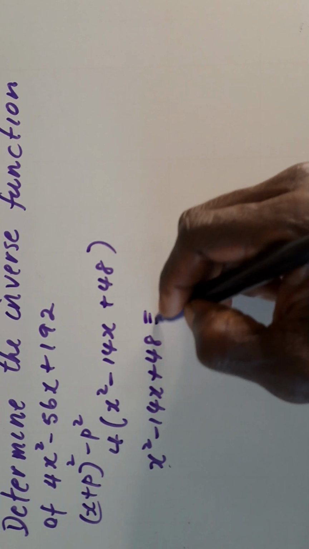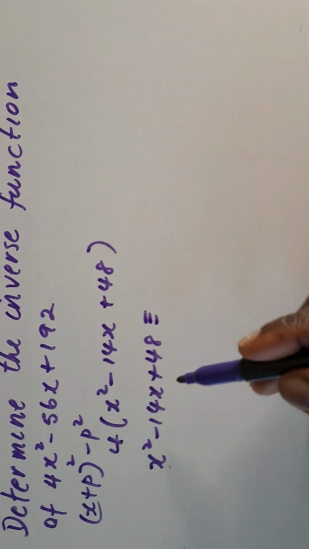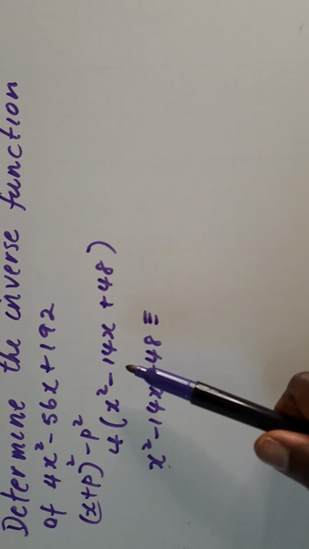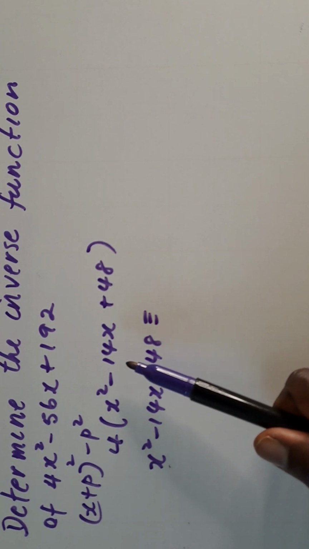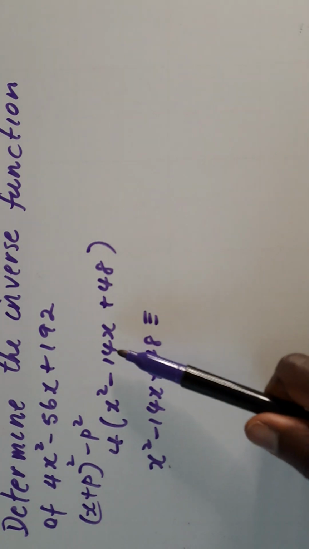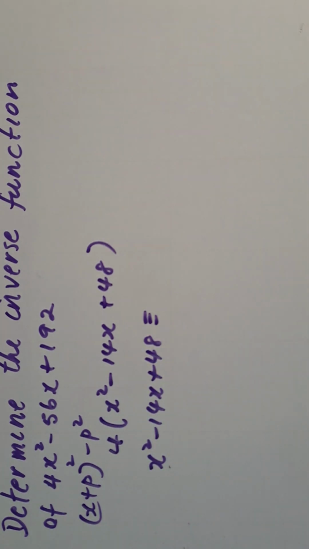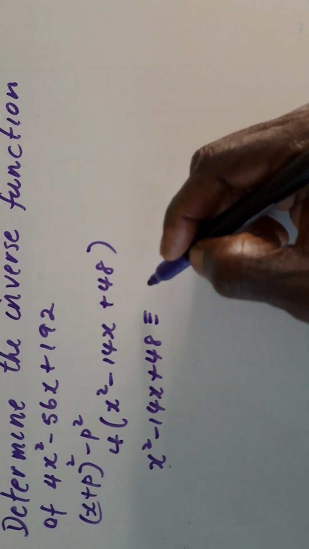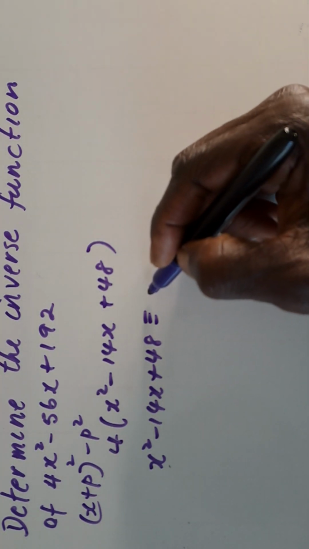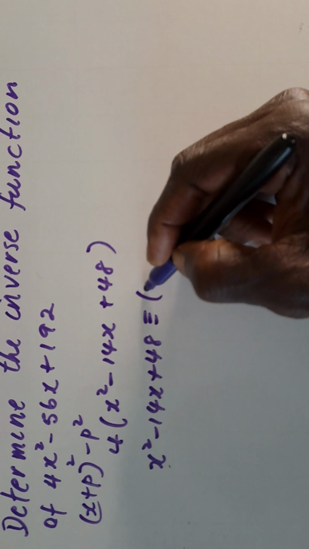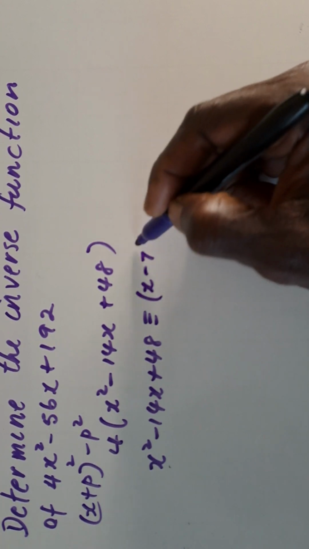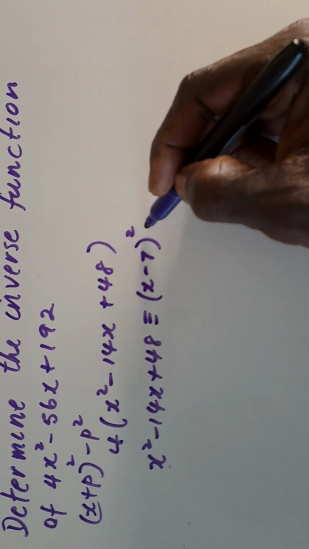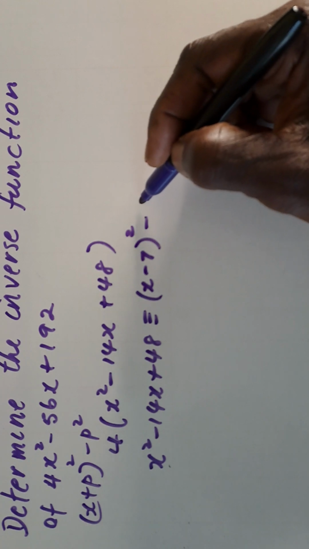Now this in completed square form. Now p is negative 14. In fact, no, sorry, b is negative 14. So we want a half of that to get p, which is negative 7. So it's (x minus 7) squared minus p squared.